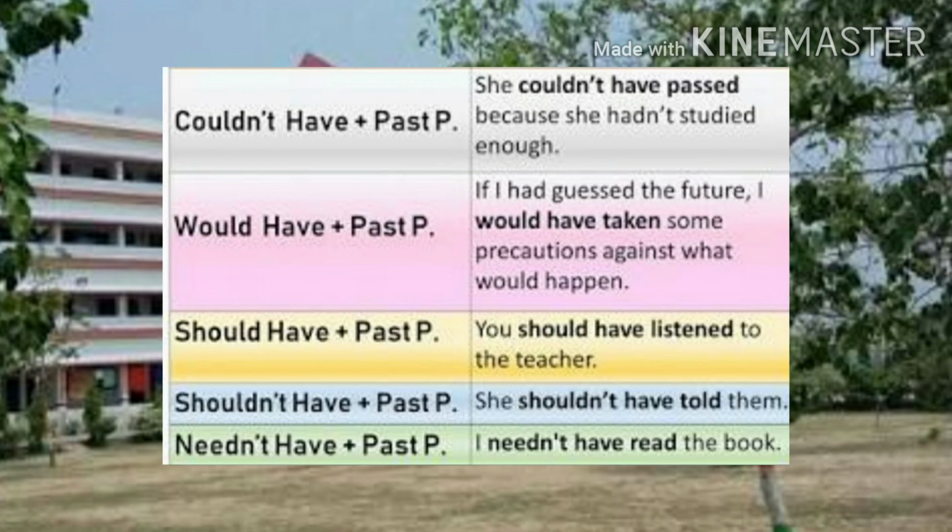Should have plus past participle. You should have listened to the teacher. Shouldn't have is used in negative plus past participle. She shouldn't have told them. Then is needn't have past participle. I needn't have read the book. All these are examples of modal perfect.